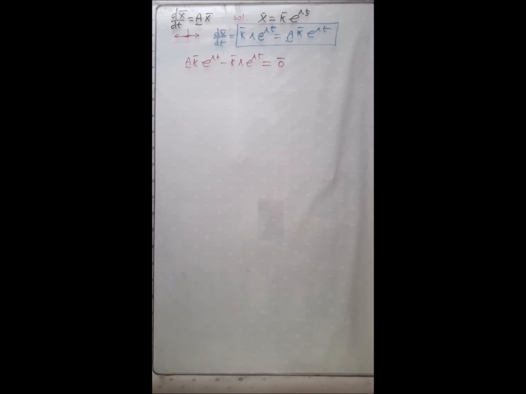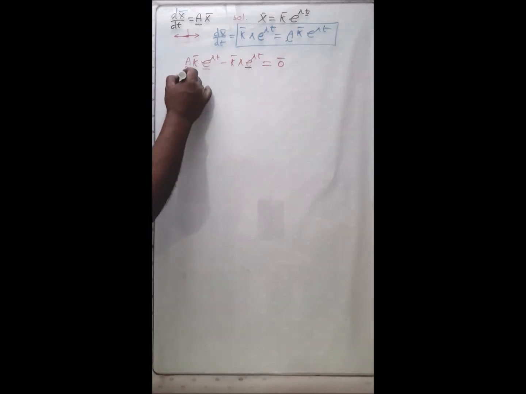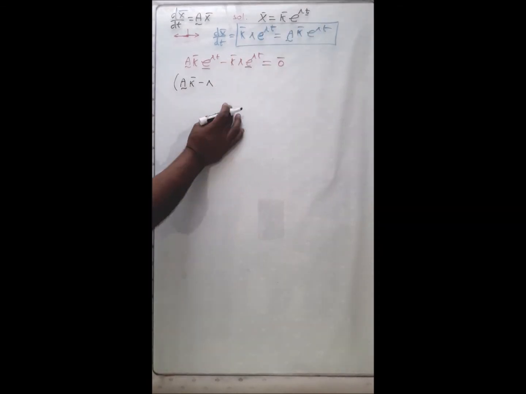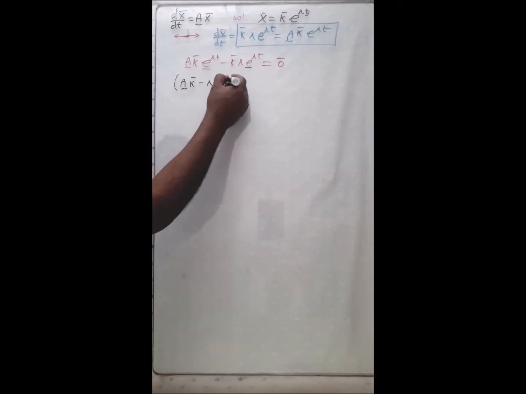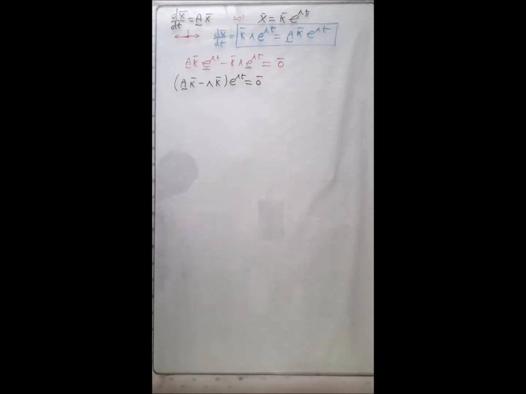Okay, now let's factorize what we can factorize. I can see here that the exponential is the same, so we can factorize the exponential. A matrix k vector minus lambda, and lambda is a number, it's not a vector, k vector, and then exponential of lambda t, equal to 0 vector.